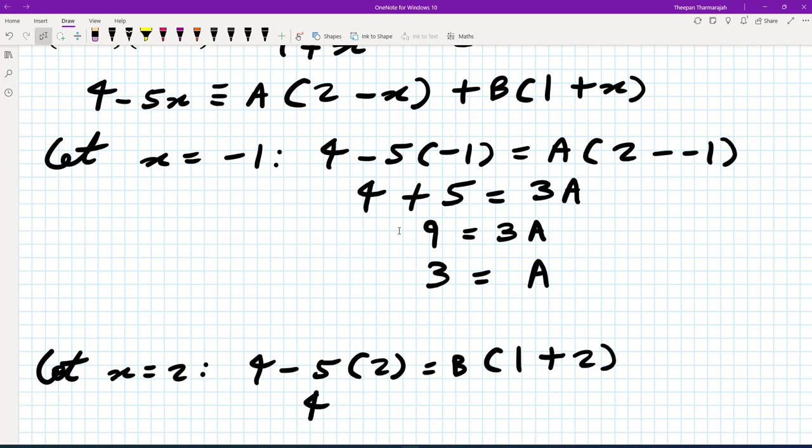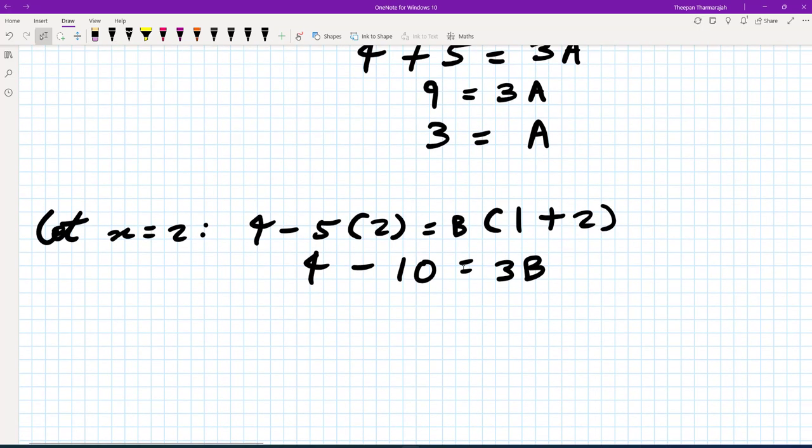So that gives me 4 minus 10 is equal to 3B. So minus 6 is equal to 3B, and B equals minus 2.